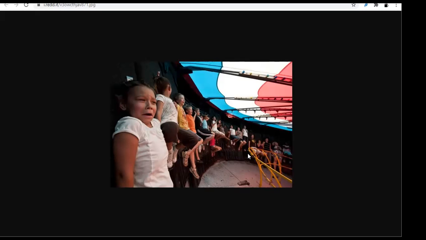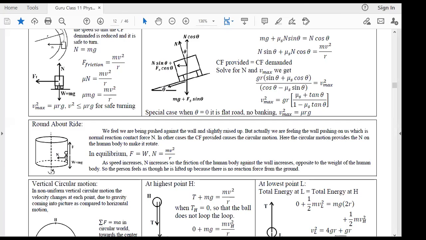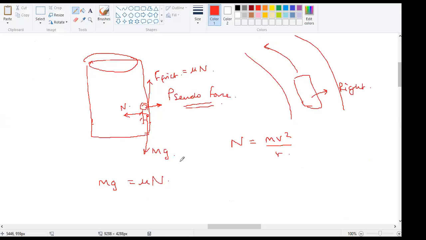That means the mg here is higher. So what this means is, as the velocity increases, you know that v is equal to r omega. We studied this in the previous chapter.